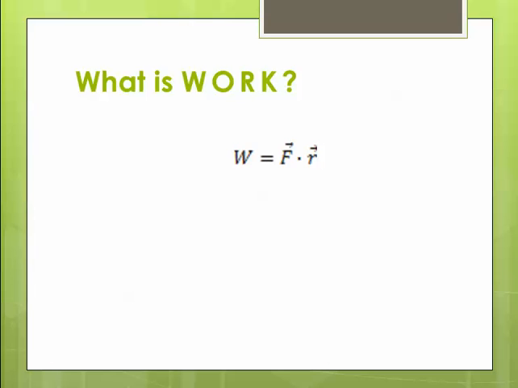So, here we see the definition again. Work is defined as the scalar product of force and displacement. Work can only be done on a system if the force vector has a component in the direction of the desired displacement.